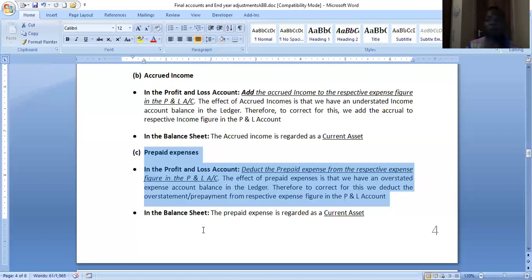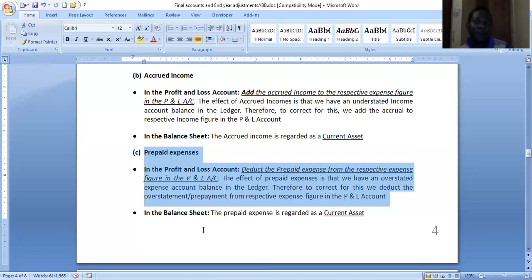So when we are paying an expense, assuming we've paid rent for the month of July and August, say 2,000 each, we shall open a cash account and credit our cash account with 4,000 shillings, and then debit the expense account with 4,000 shillings.